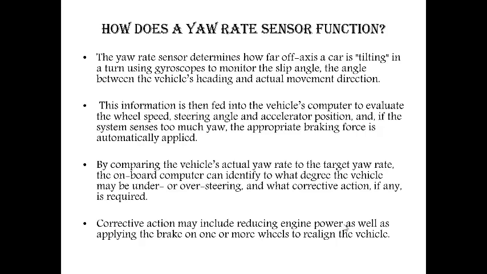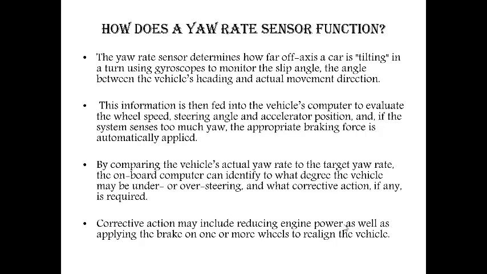This might make the car lose its balance, and an accident may happen. So if it senses too much yaw, a brake will be applied automatically, and that braking force will be decided by the computer, by comparing the vehicle's yaw rate to the target yaw rate, suppose we decide some threshold yaw rate value.